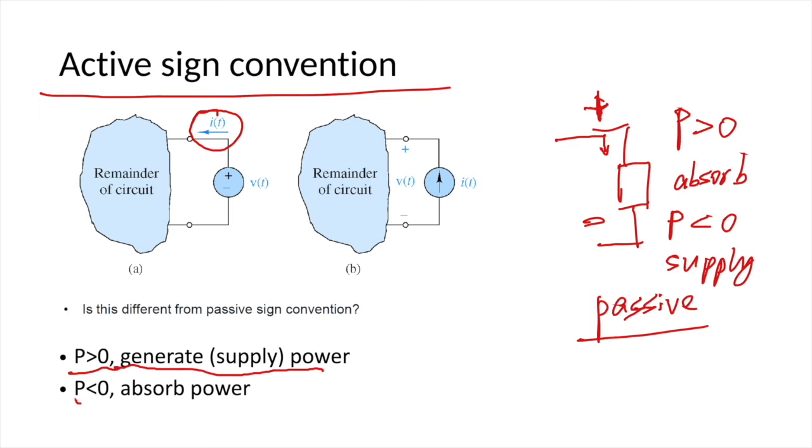If P is negative, it is absorbing power. This active sign convention is usually used for power supplies, that is the voltage source or current source.